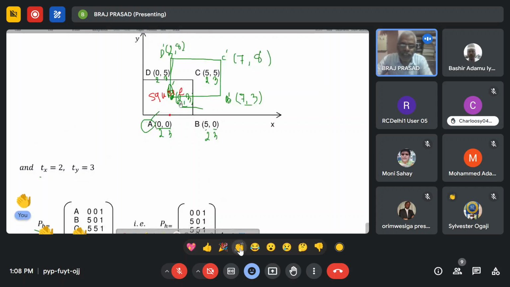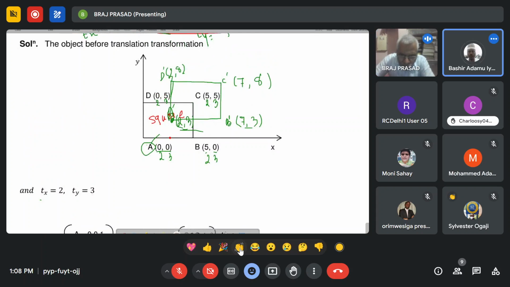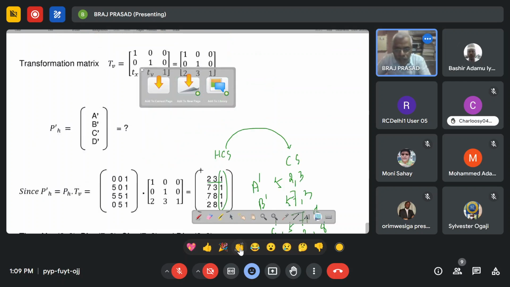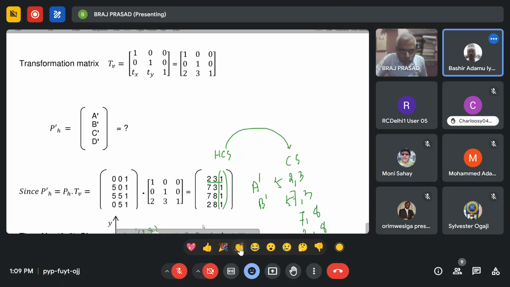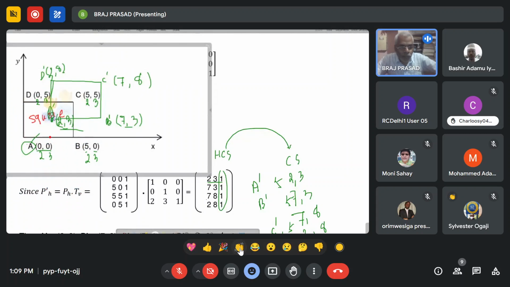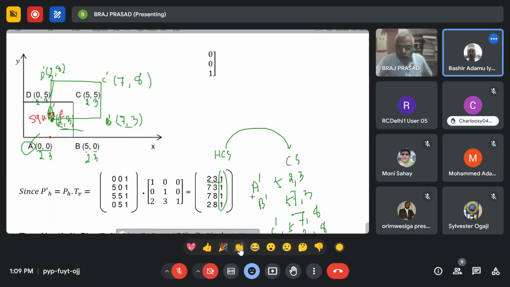The value of B dash is 7 3. This is our calculated value, and this value is obtained with the help of the formula. Manually I have calculated the value of A dash as 2 3, and by this mathematical formula we get the same value, 2 3. The value of B dash is 7 3, the value of C dash is 7 8, and the value of D dash is 2 8.